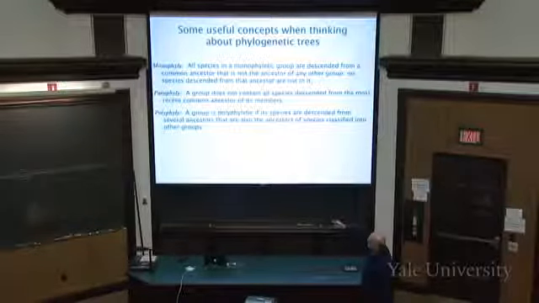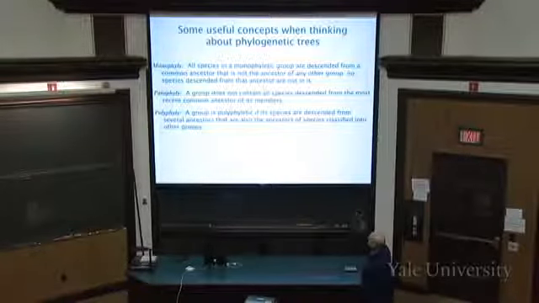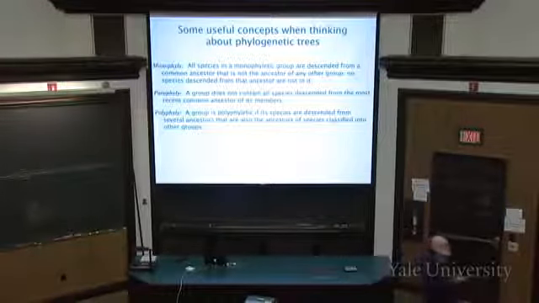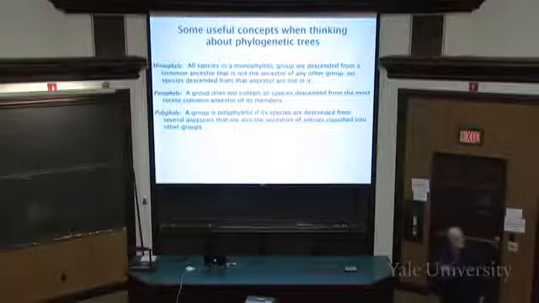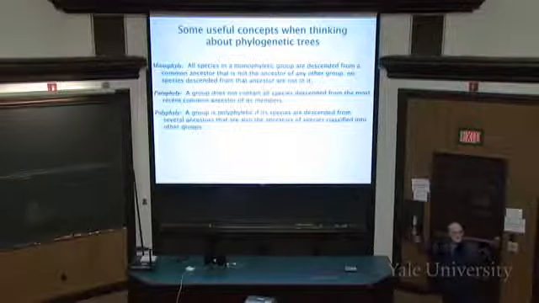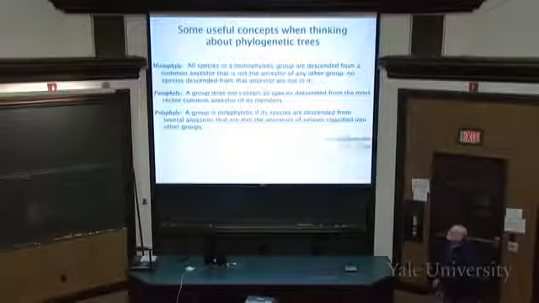Paraphyletic groups are groups that do not contain all of the species descended from the most recent common ancestor. And polyphyletic groups really are a hodgepodge of stuff that shouldn't be in that sort of bin under that category at all, because basically independent evolutionary lines are being incorrectly lumped together.